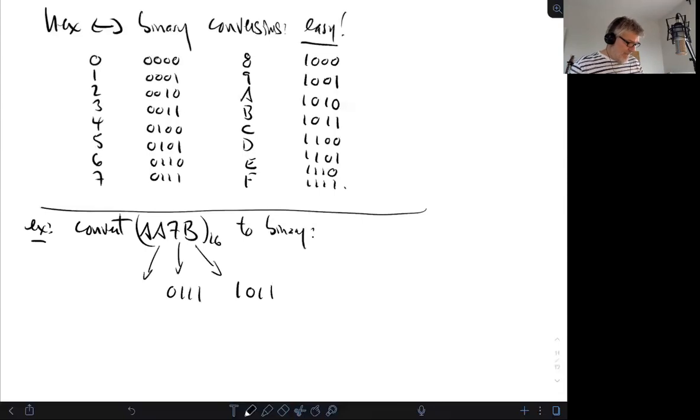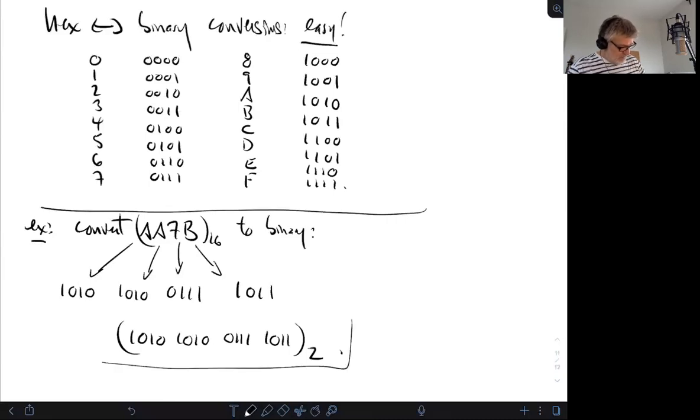A is 1010. And so the resulting number, I'll leave spaces in, it's easier to read, but this is how you get from hex to binary. It's just 4 bits at a time.